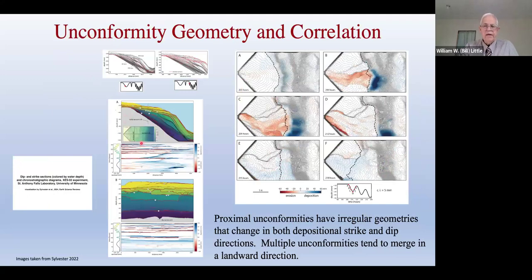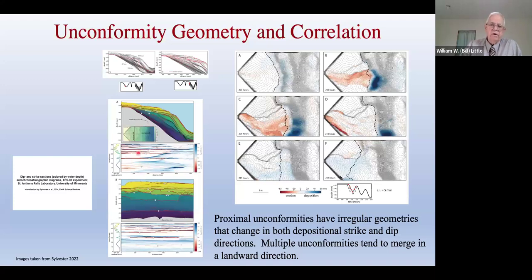And then in terms of the geometry of the unconformities, again, we've got here a dip section and then a strike section, and the Wheeler diagrams that belong to both of them.